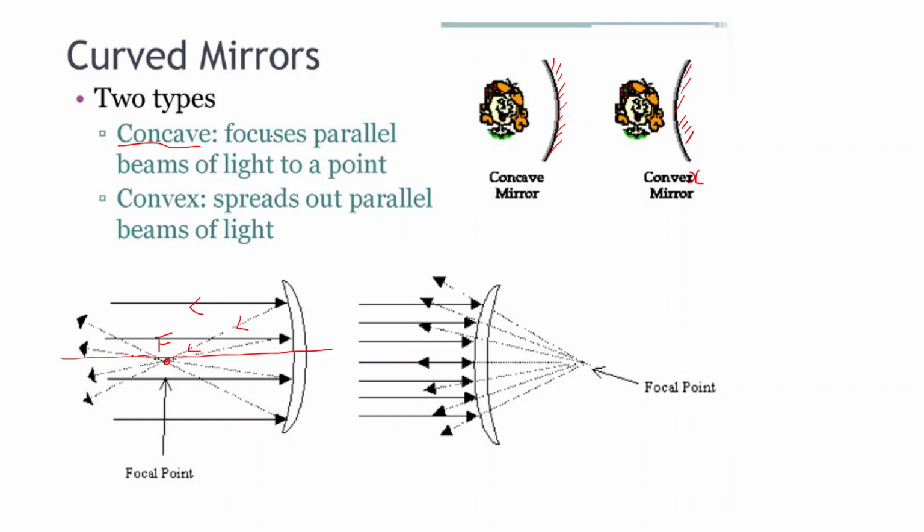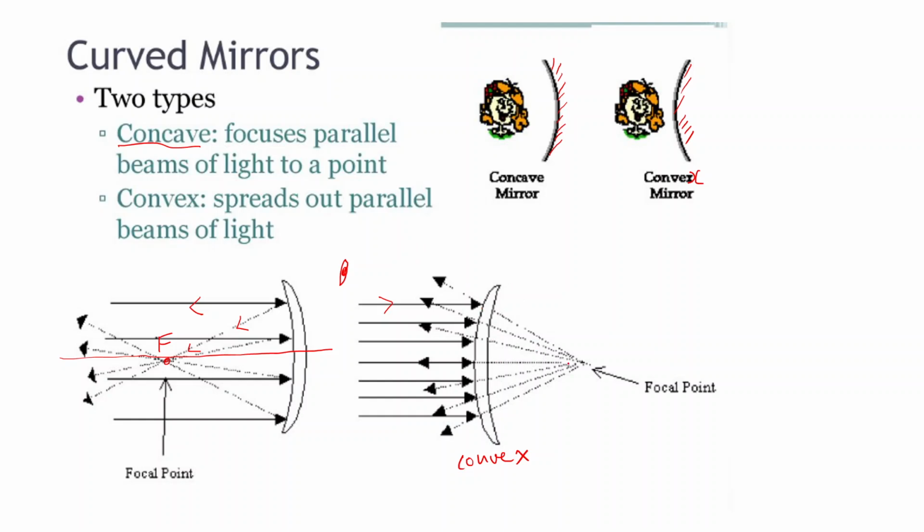Concave focuses parallel beams of light to a point. With convex, whatever parallel incident lights are going, they are spread out. When you see from this side, you will see that parallel rays were incident on the convex mirror, and they seem to be spreading out.